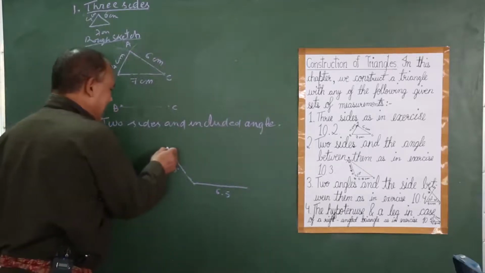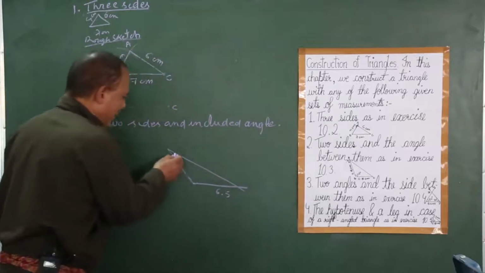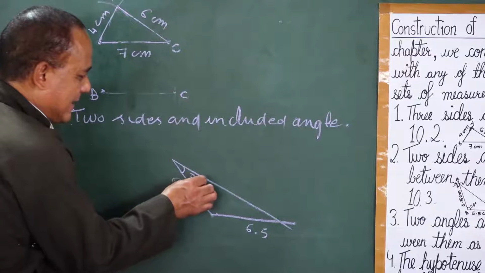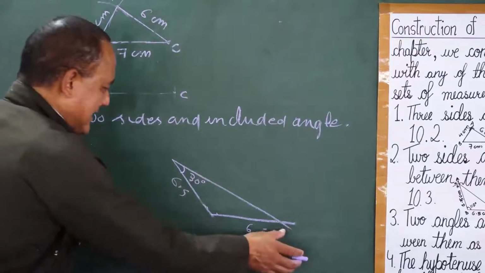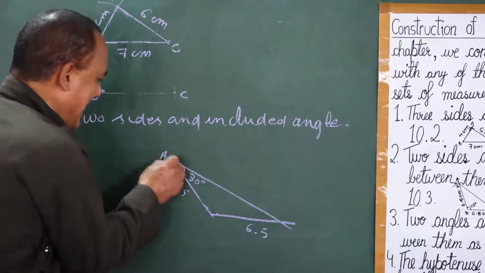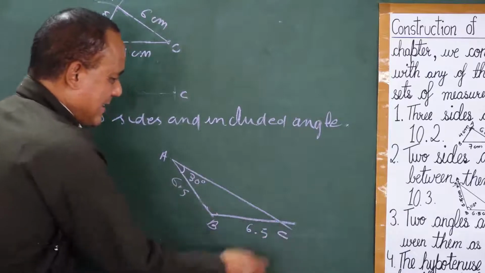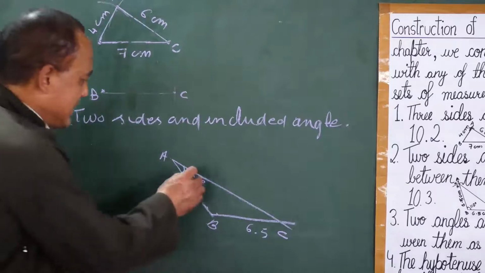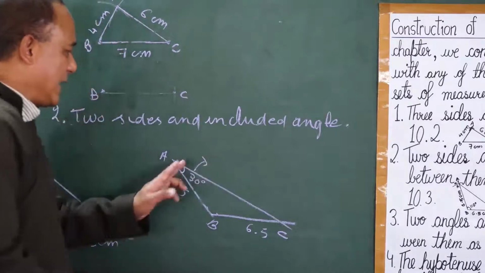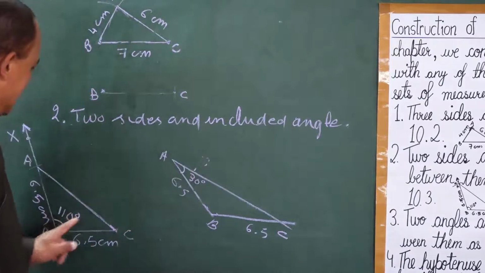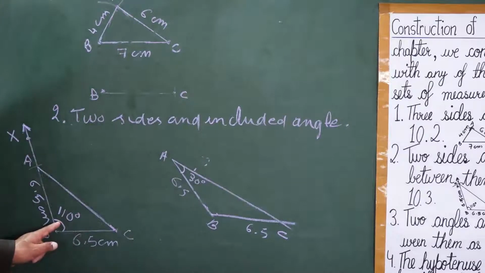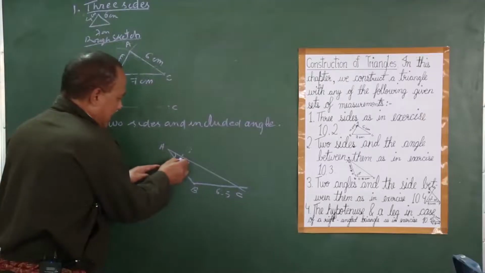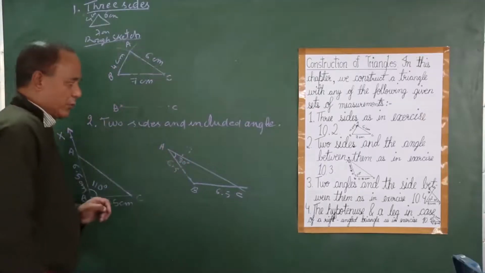Now this angle, for example, is shown, this is like 30 degrees. So in this case, what happens? A, B, C. This angle is called the excluded angle. That is not included. This angle is called the included angle, because this is between the two lines. Angle 30 is not between the two lines.